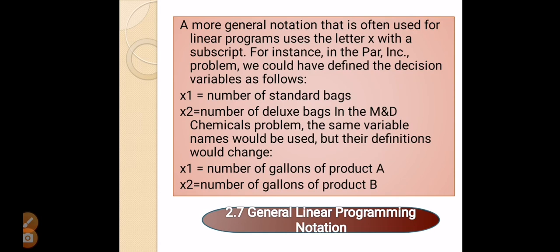For instance, in the Par Incorporated problem, we could use X subscript 1 for the number of standard bags and X subscript 2 for the number of deluxe bags. In the M&D problem, X subscript 1 is the number of gallons of product A and X subscript 2 is the number of gallons of product B.